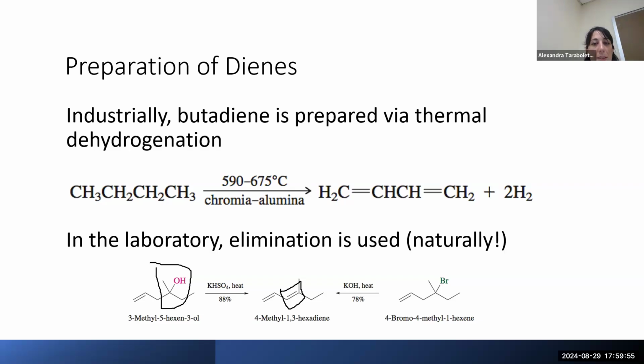You could also do this. This is on the left-hand side, looking at it using like an E1 reaction, and on the right-hand side, it's an E2-like reaction, just depending on what substituent. Here we have alcohol elimination, and here we have a halide elimination.